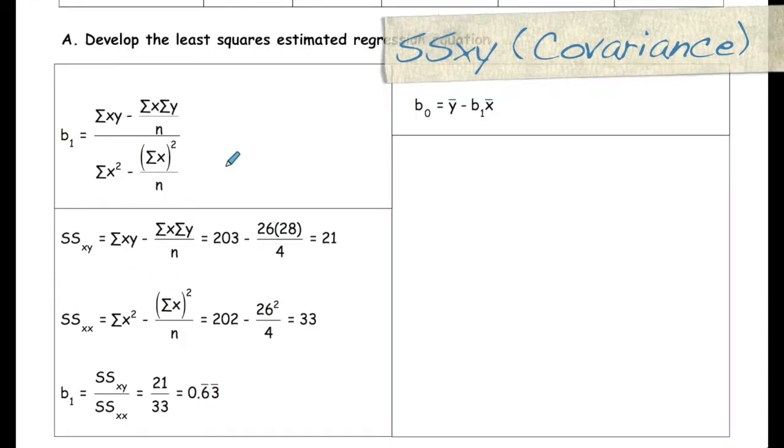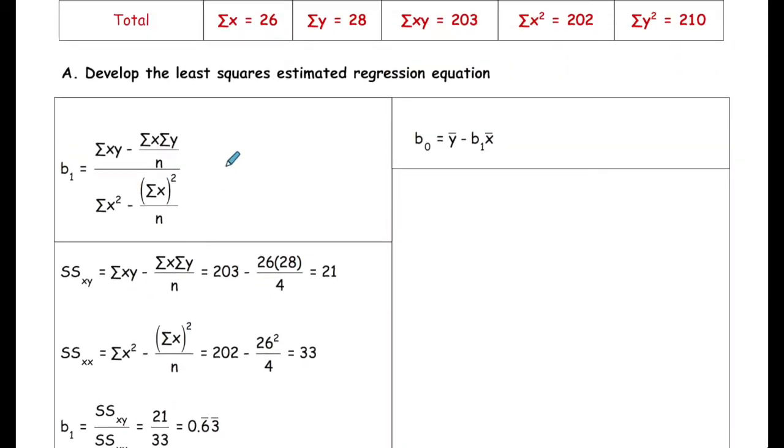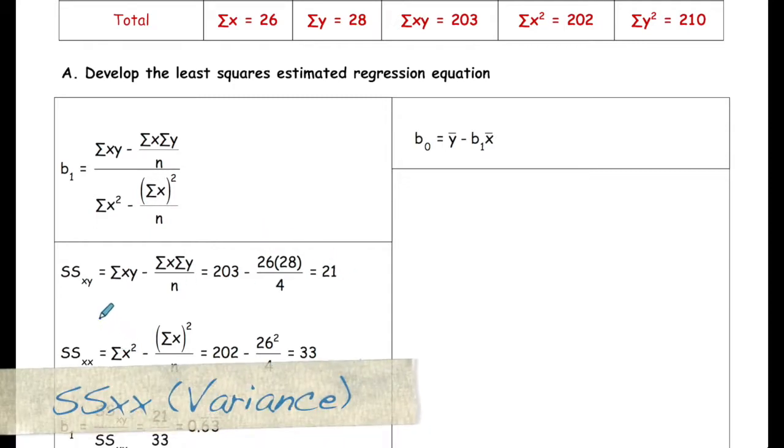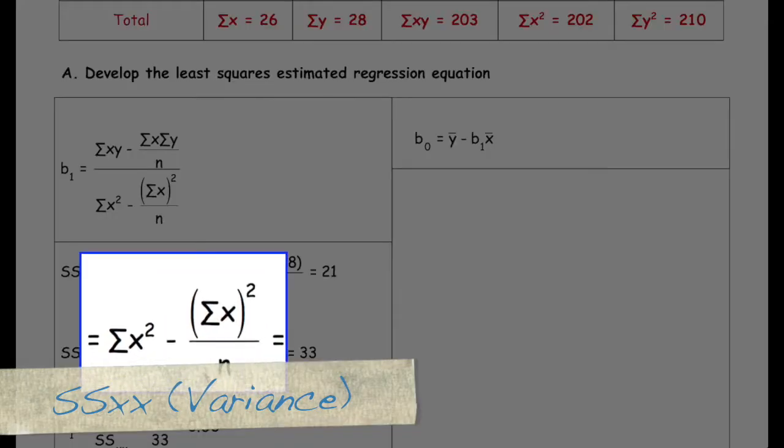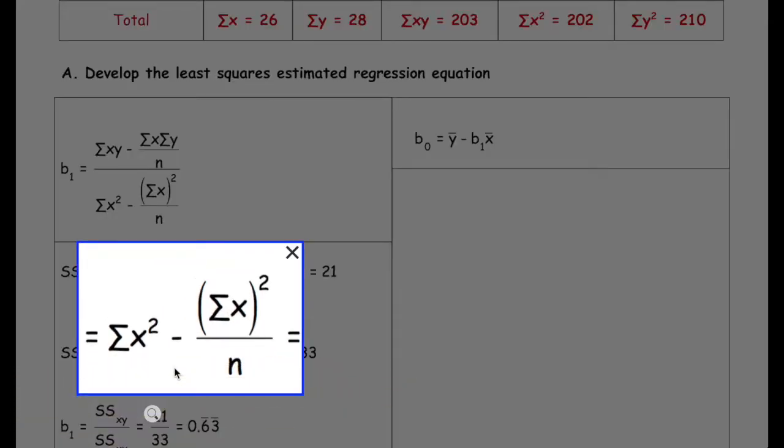If I were to plug in the totals that we calculated earlier, I can obtain the answer for SSXY, which happens to be 21. The denominator is called SSXX. It's the variance of the x variable. So sum of x squared minus sum of x all squared divided by n.